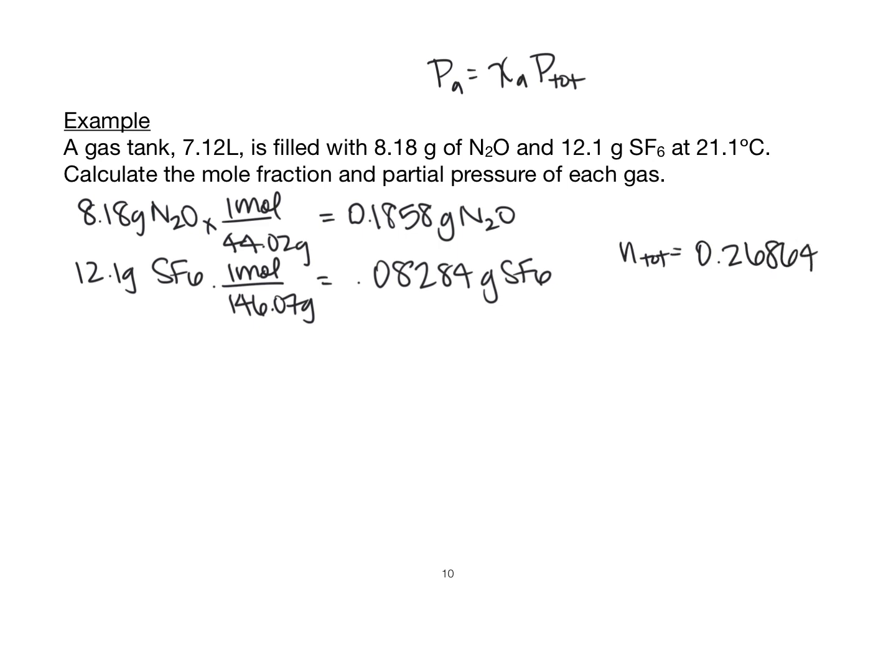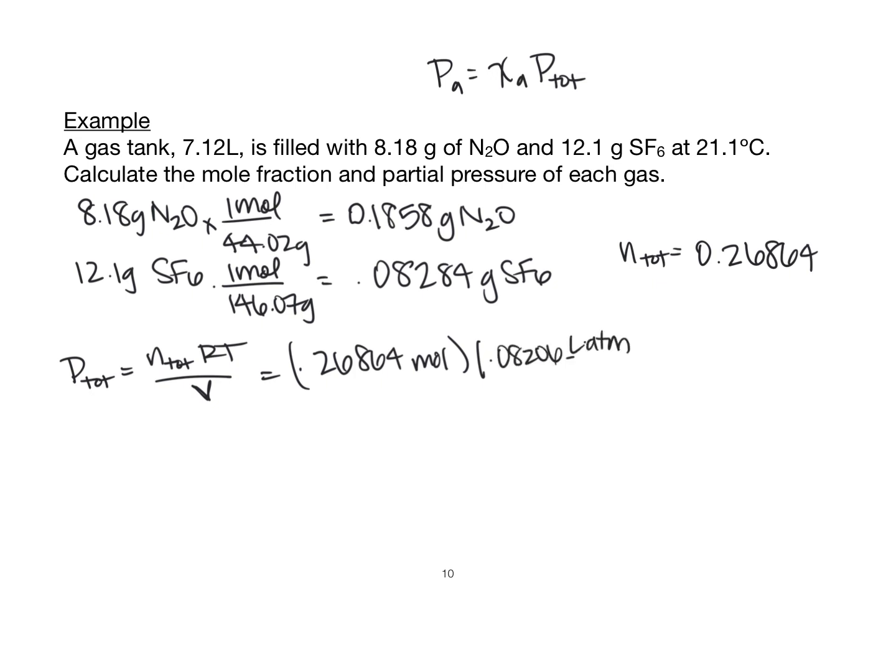So I can now find P total. So P total is equal to N total RT over V. So we can start plugging these in, 0.26864 moles times the R value of 0.08206 liters atmospheres per mole Kelvin. Multiply that by our temperature.